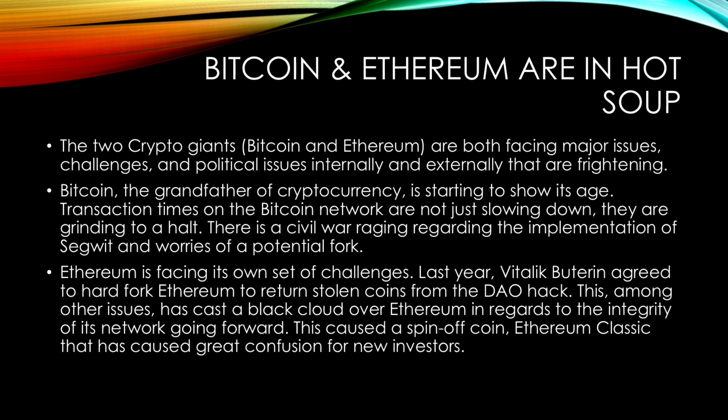So let's look at why I named this video Stratis being the next Ethereum killer, because the big giants right now are Bitcoin and Ethereum. As you guys have observed, there are a lot of things happening in the market, and a lot of these problems are arising because of Bitcoin and Ethereum.